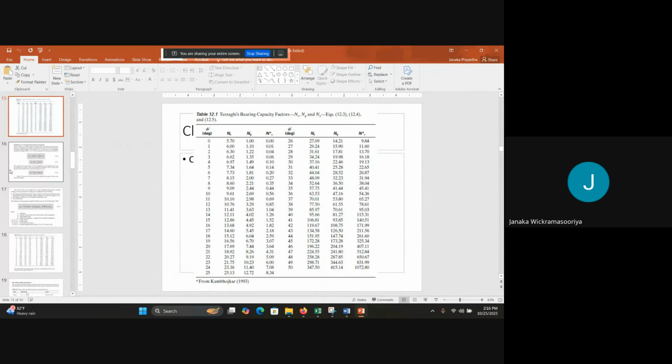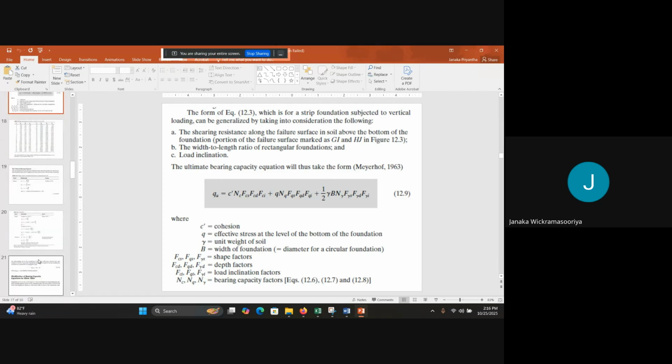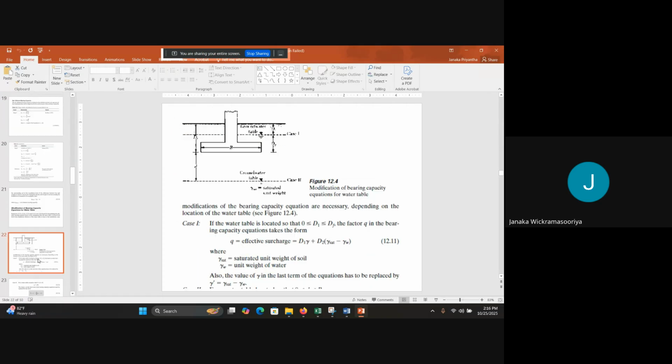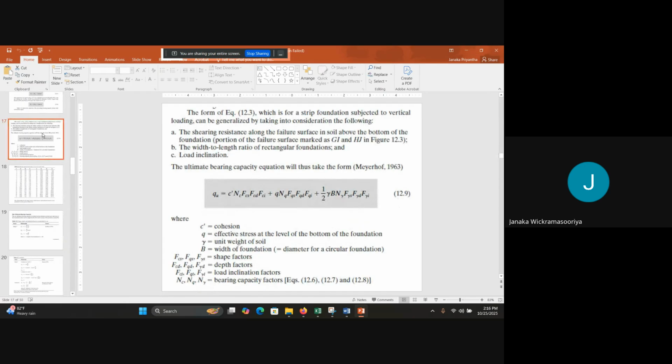If you don't have any questions, then we will move to Meyerhof's method. Do the same question using Meyerhof's method. Now I will explain what this is. QU equals, this is the equation. C dash is the cohesion.